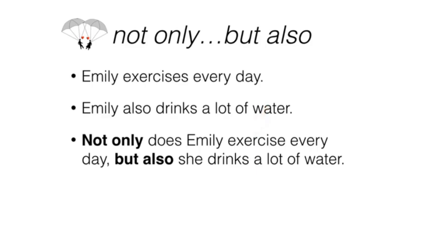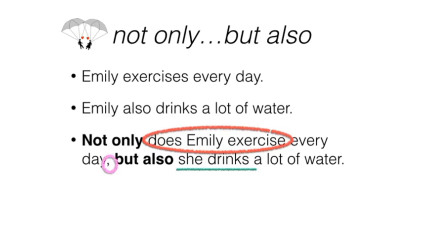So, Emily exercises becomes, not only does Emily exercise. However, in the second clause, which follows but also, you notice the ordinary subject-verb order. Finally, notice the comma after the first clause.